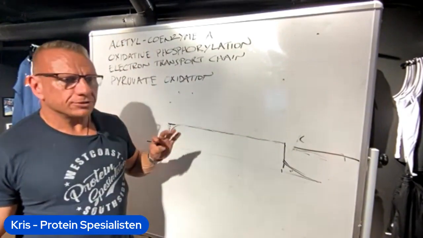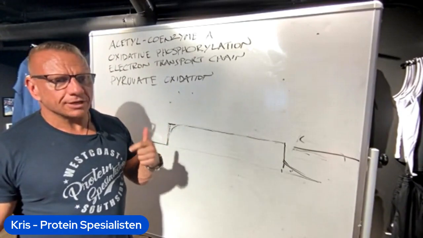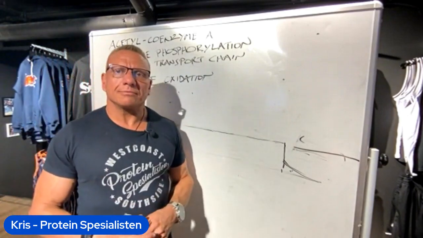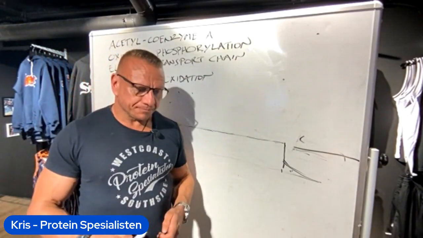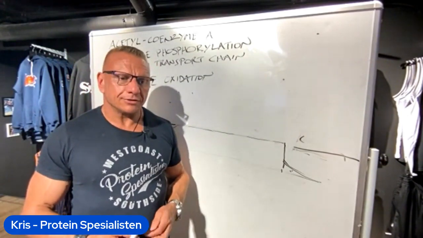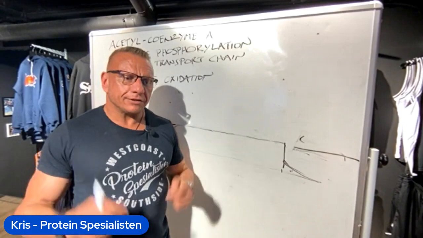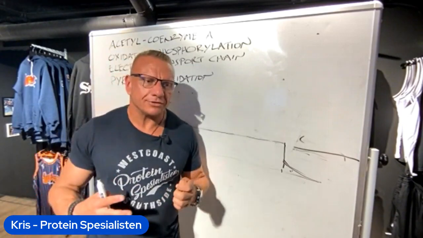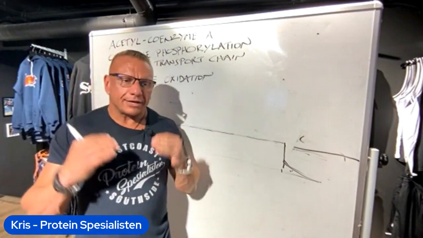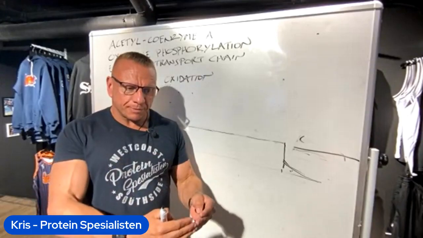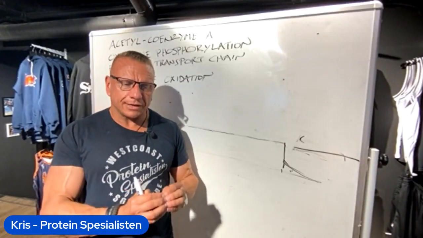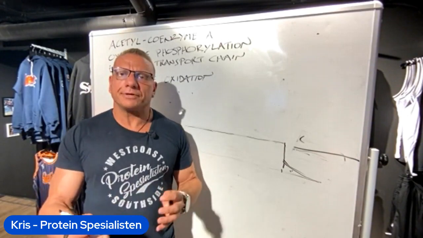If we are going to do bench presses and squats and heavy high intensity training, our main fuel source is glucose. So even though people say that, I don't want to say this wrong, anaerobic training is carbohydrate based because oxygen is not present, and then going and doing cardio training, that's fat burning.